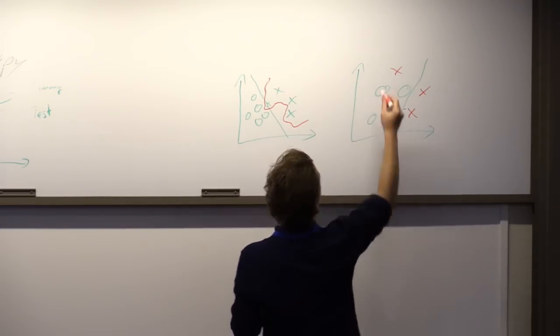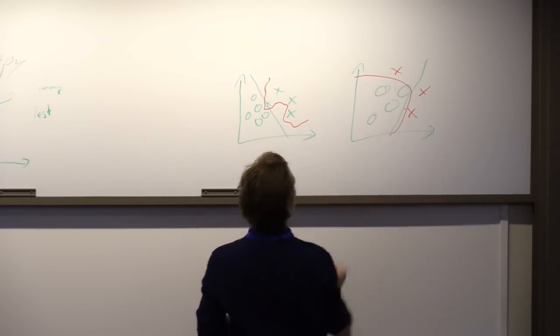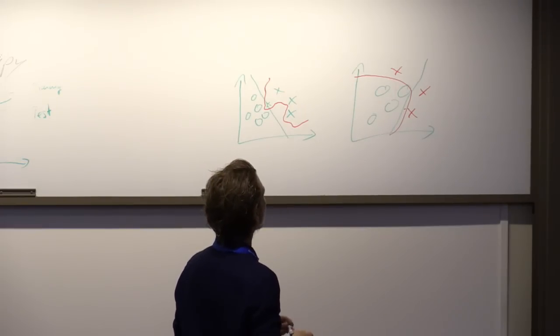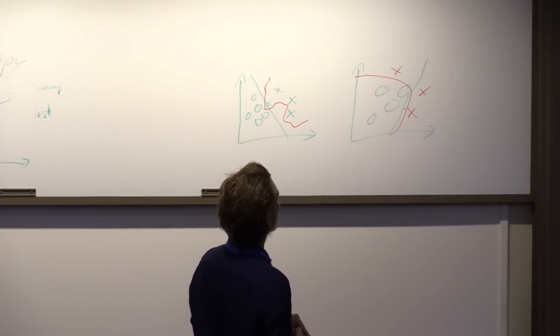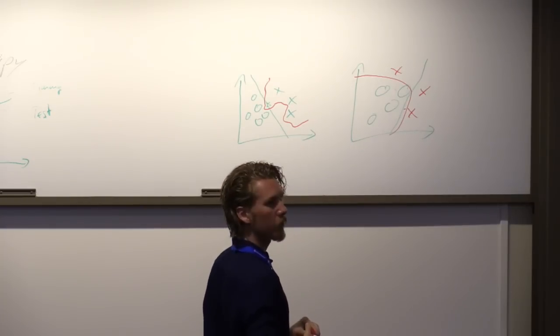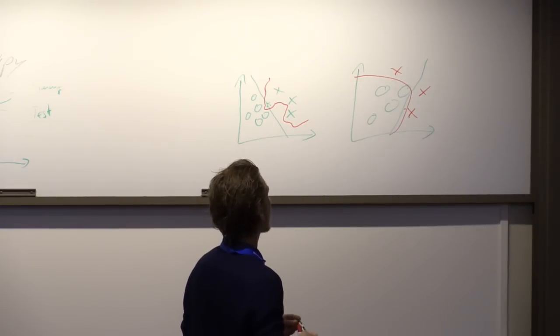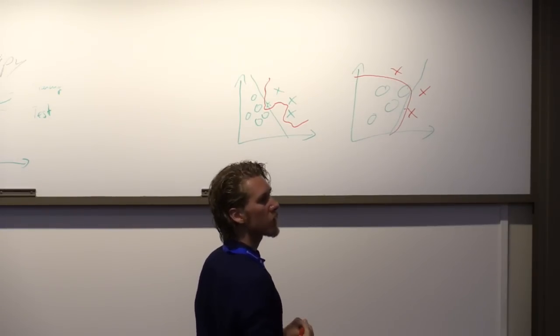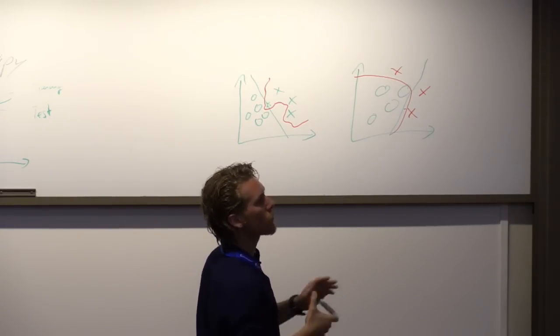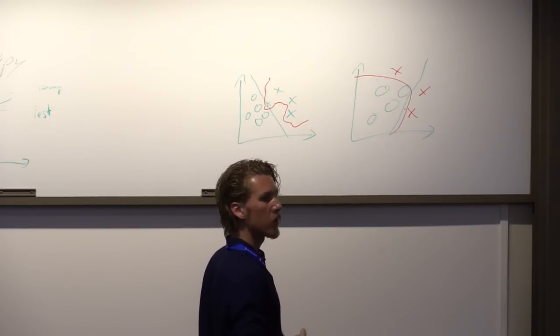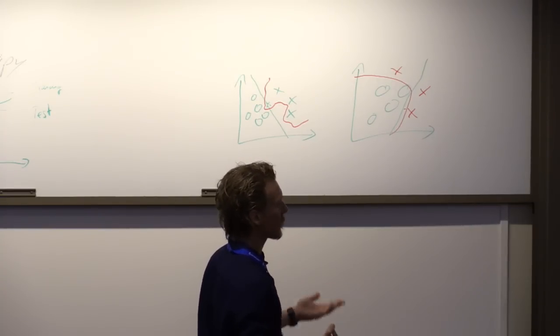Here it would be maybe better to draw something like, maybe it's a little bit too much, but a curved line or something. So it really depends on the data set. Usually a simpler model is better, but not too simple, so that it performs well on both training and test data sets.